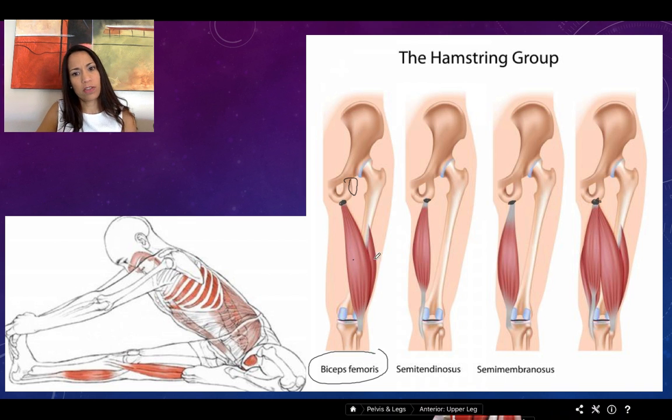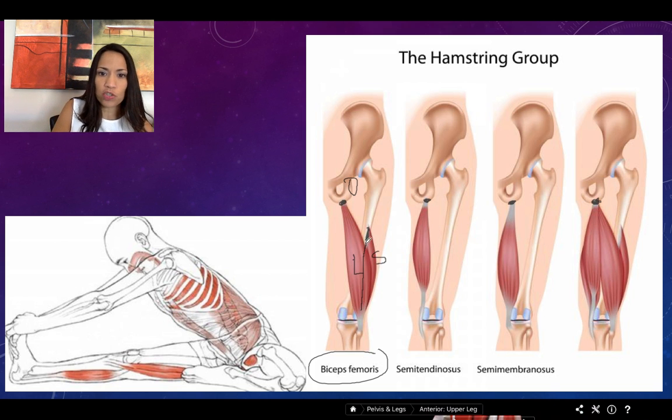Which one do you think is the short and the long? This is the long head, this is the short head. So the only exception to this origin is the short head of the biceps femoris, which originates in the linea aspera, remember linea aspera, and in the lateral supracondylar line. So that's the origin. All of them ischial tuberosity except the short head of the biceps femoris.